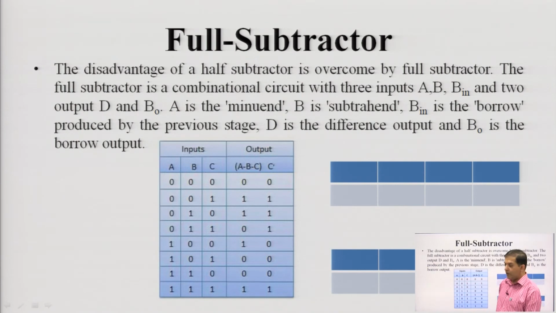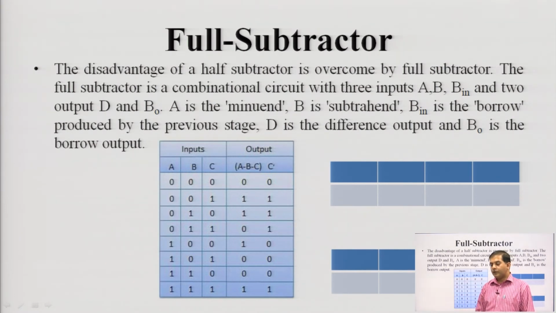Now, we will go further to the full subtractor. The disadvantage of a half subtractor is that it can only subtract 2 bit numbers. To overcome that we use a full subtractor, like a half adder can be replaced by a full adder. So, here we are replacing the half subtractor with a full subtractor.